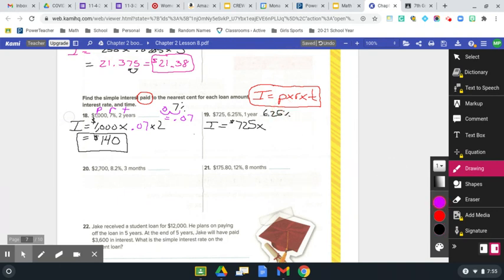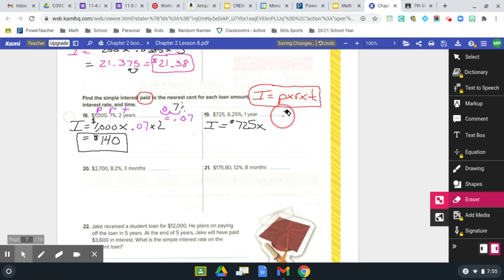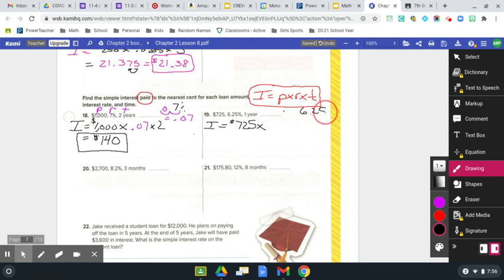And we have to move that decimal 2 places over. I probably should have left a little more room there. Okay, 6.25. Let's move it. 1, 2. The decimal's going to move there. So that means we're going to multiply by, as a decimal, 0.0625.